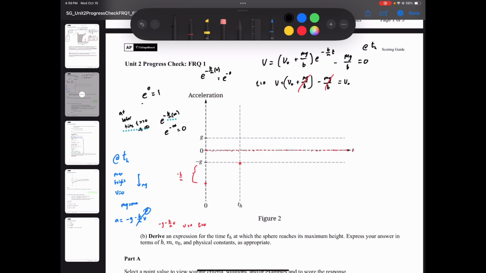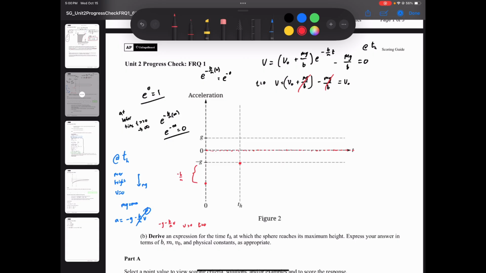When you have the solutions to these first order differential equations, there's always going to be some e raised to the negative power of something times t. E to the 0 at t equals 0 is equal to 1, and then e to the negative infinity at a much later time approaches 0. So in the same sense, here we understand that the acceleration due to gravity will also be approaching 0.